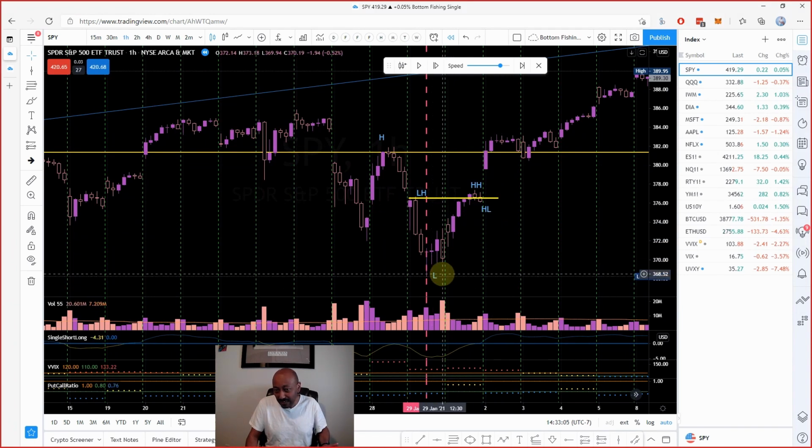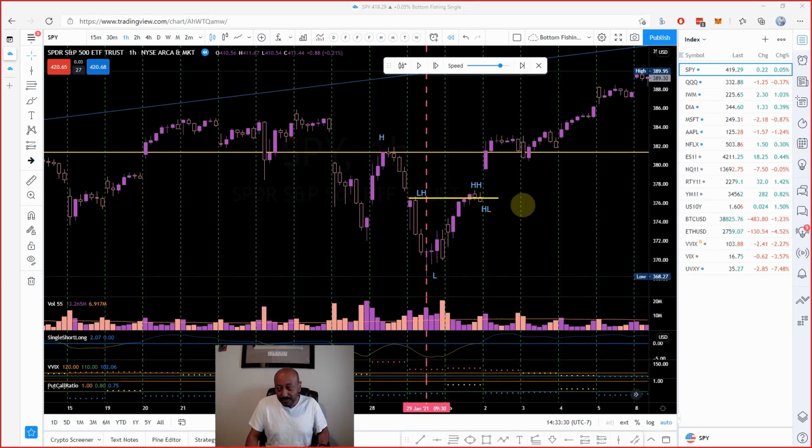Okay. Gotcha. Right? So price did this, reversed, and then did this. So this turning point is higher than this turning point. Therefore, it's a higher low. Is it making sense? Yeah.